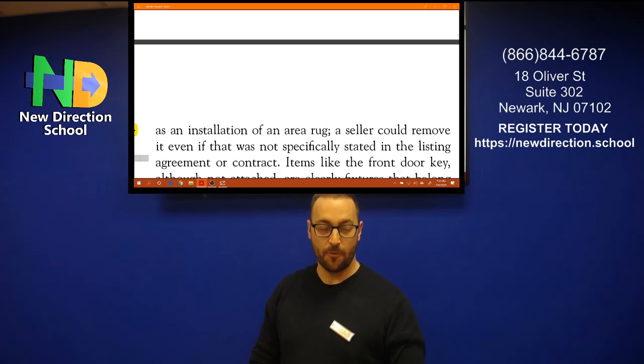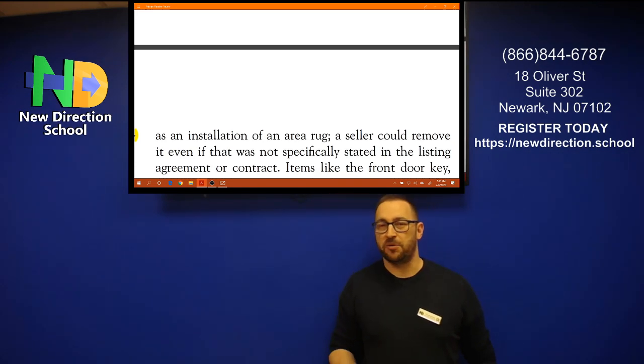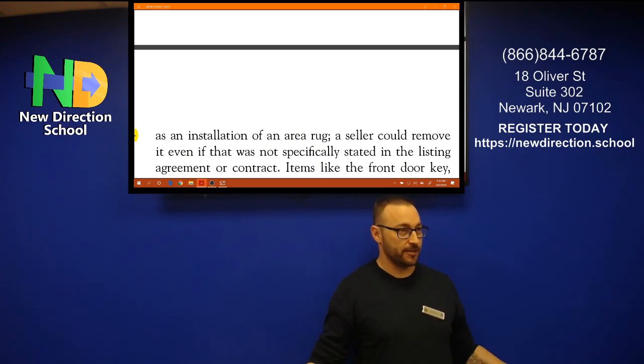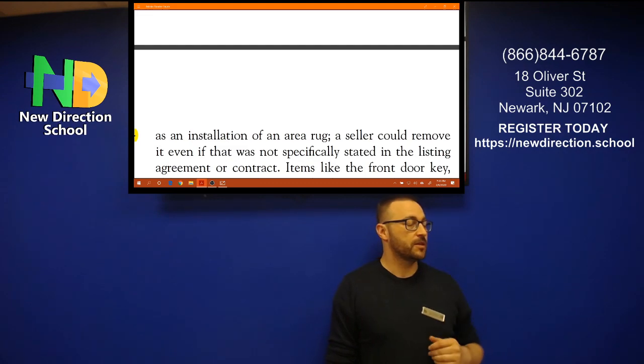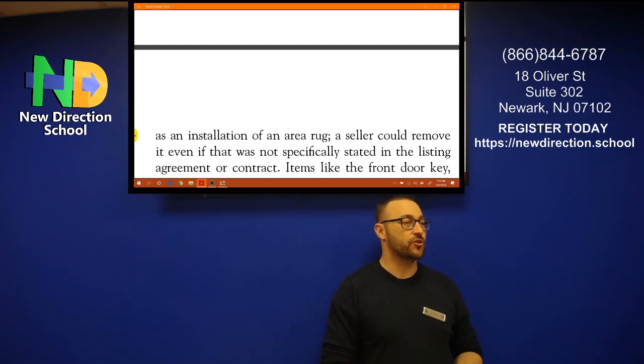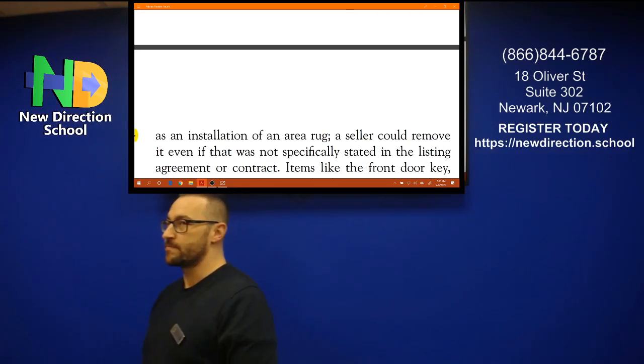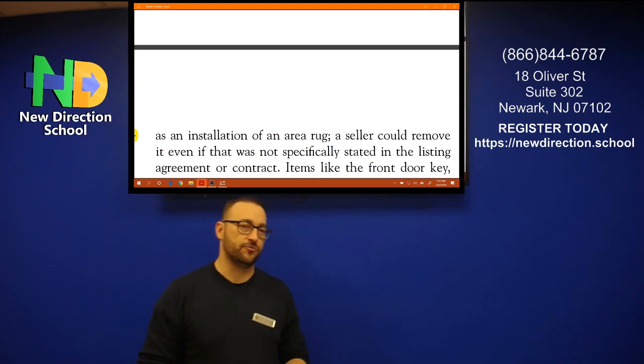When you look at wall-to-wall carpeting, usually we believe that it's part of the real estate. But we don't know if it's an area rug. If it's an area rug, the seller could remove it even if it's not specifically stated in the listing agreement or contract.